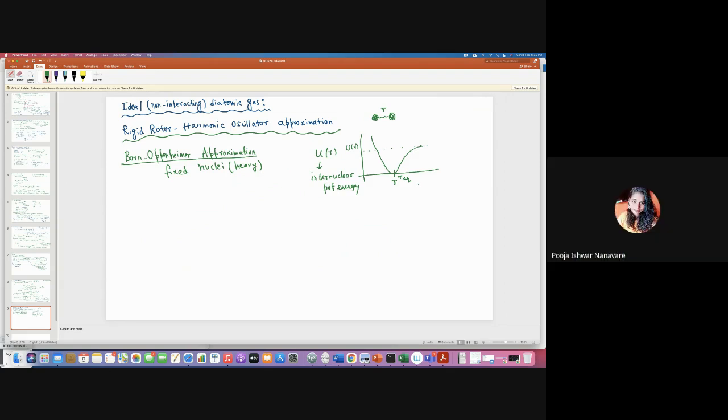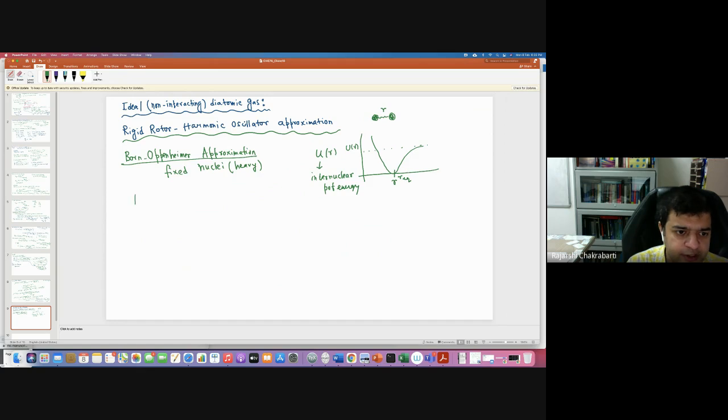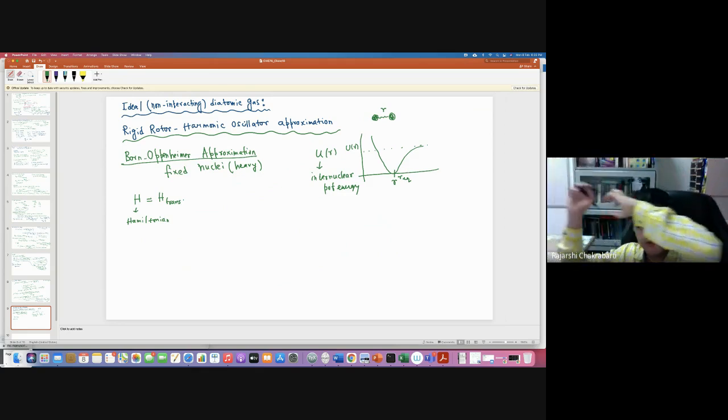Yes, sir. So your Hamiltonian, the total energy of the system, is made of two. One is the translational motion Hamiltonian, which basically means the motion of the whole molecule moving.